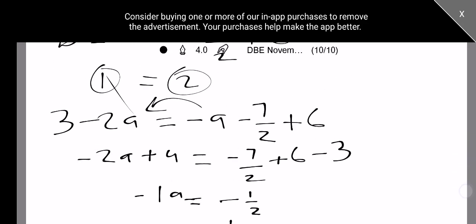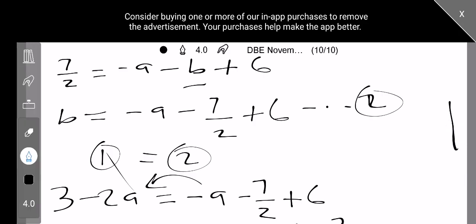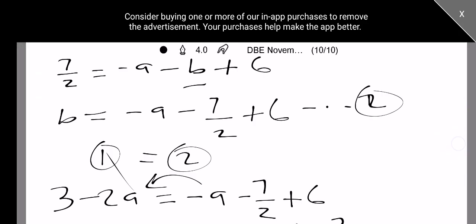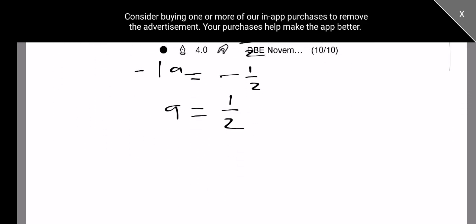Now take this a and substitute it in one of your equations. Let's substitute it in equation 1 for simplicity. Substitute a in equation 1. B equals, what was equation 1?